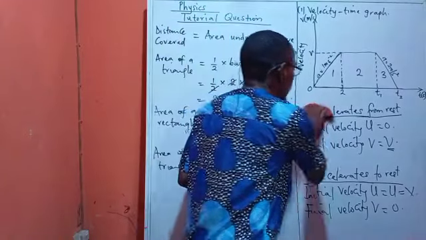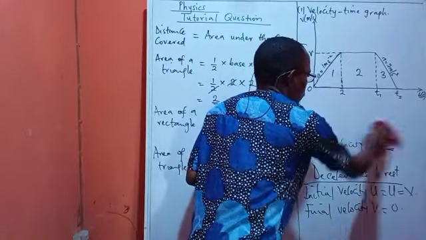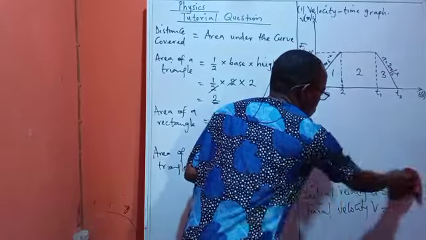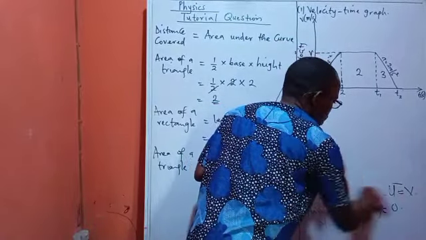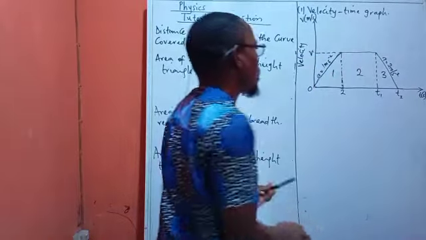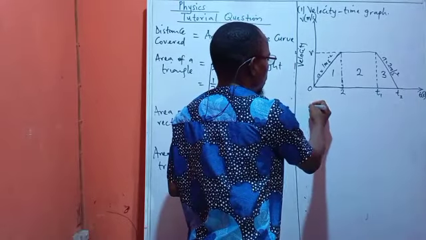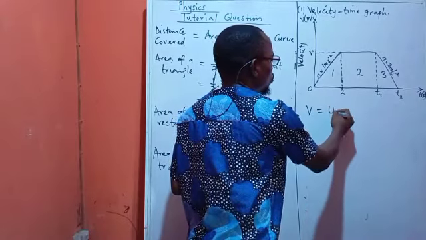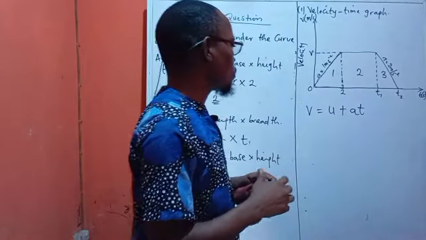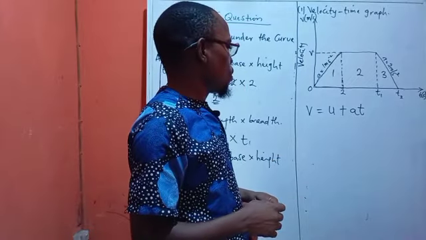So it means for us to be able to do this, using the equation of linear motion I wrote previously, we can calculate for t2. So which means we should be having v equals u plus at.